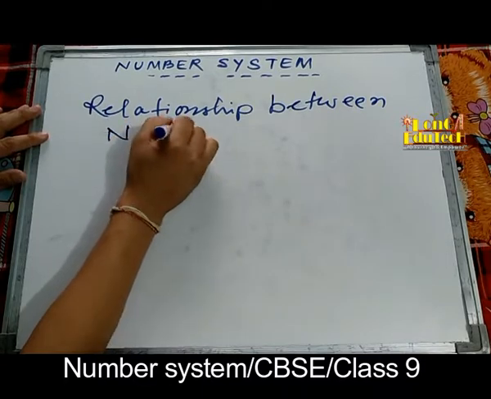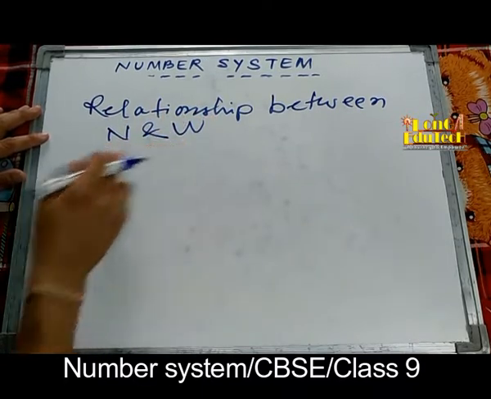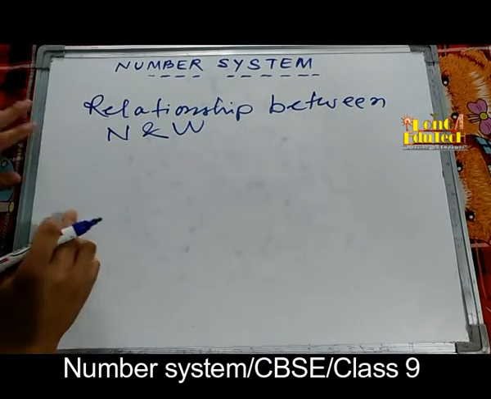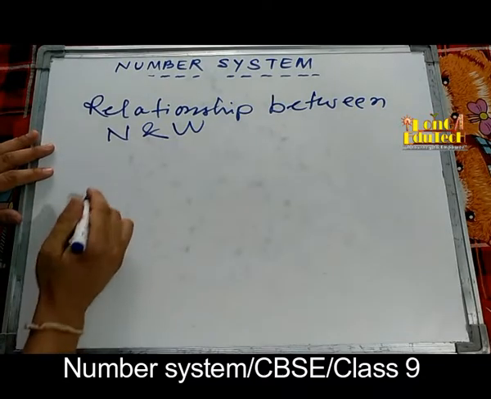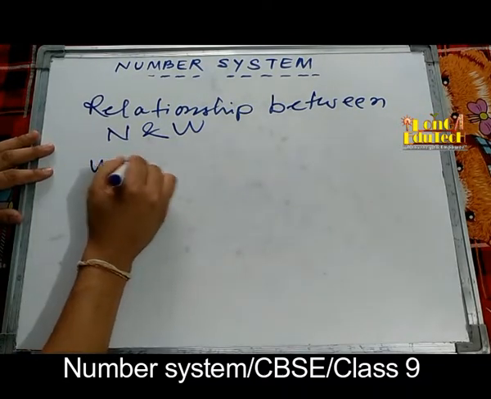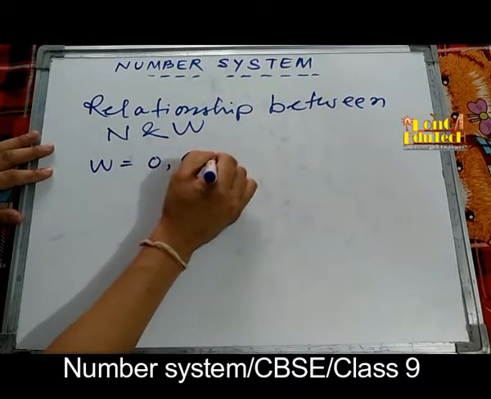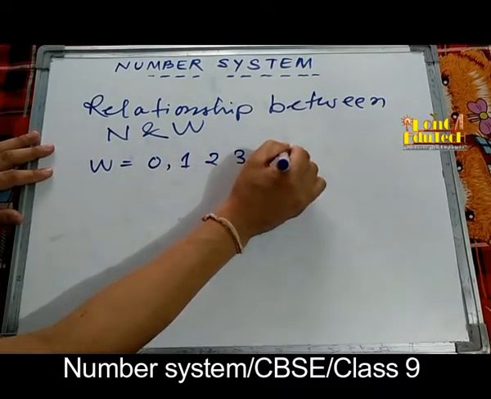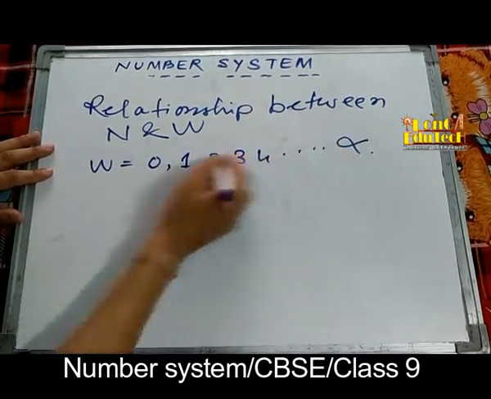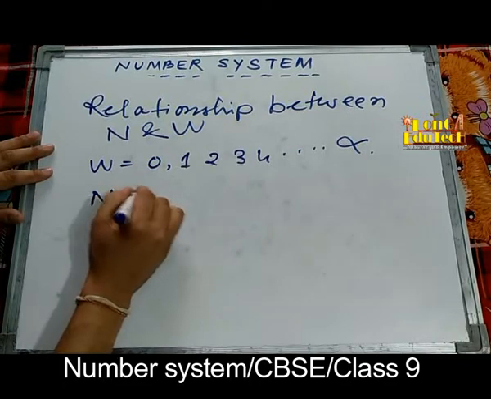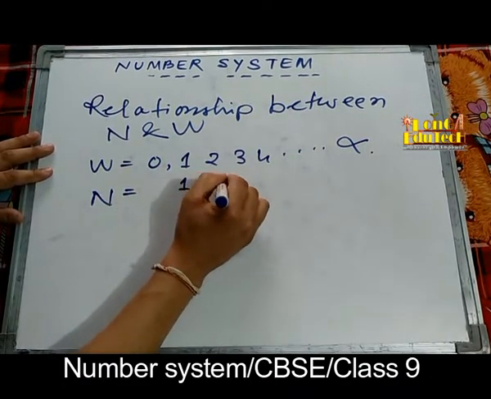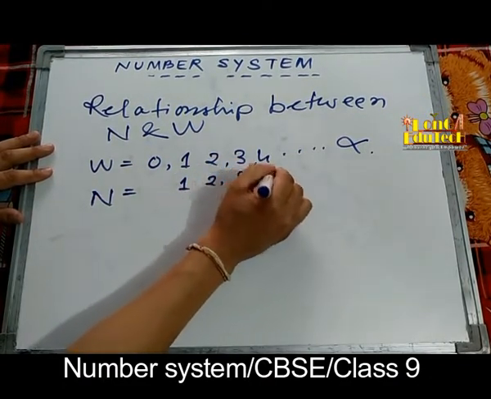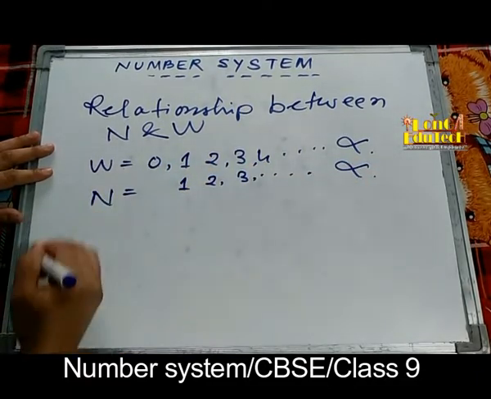Okay, now we can discuss the relationship between natural numbers and whole numbers, N and W. As we know, the whole numbers start from 0, 1, 2, 3, 4, and so on, up to infinity. And we know that natural numbers start from 1, 2, 3, and so on, up to infinity.